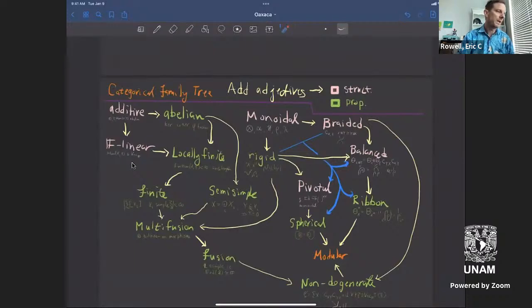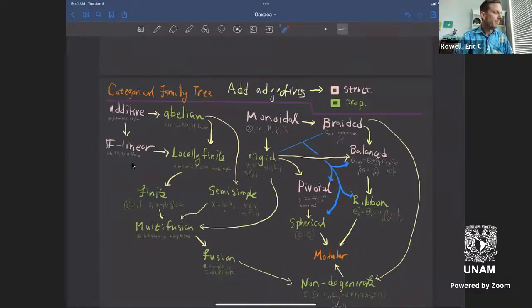There are some more technical things like balanced and pivotal. These are structures that one chooses. Depending on those structures and how they behave, a balanced category can be a ribbon category, with some special conditions, and a pivotal category. So these are parallel here. A spherical category is a property of a pivotal category.